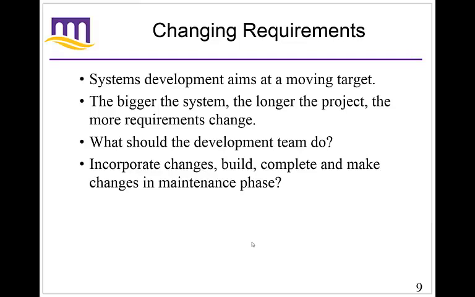And the bigger the system, the longer the project, and the more requirements are going to change. And that's basically a given within every systems development. So, how does a development team deal with these changes? Now, it's important to also recognize that, yes, these changes will occur.